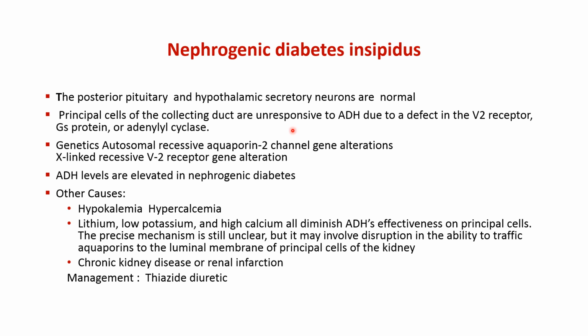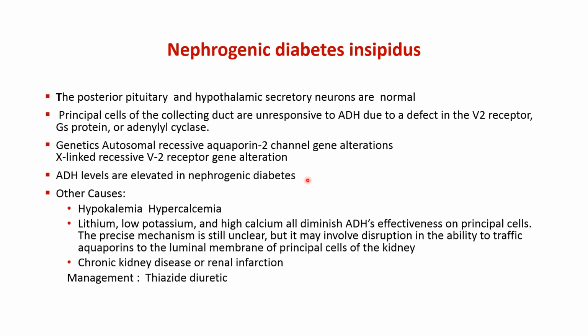It might be caused in some individuals by a genetic autosomal recessive aquaporin channel gene alteration. It's an X-linked recessive V2 receptor gene alteration. ADH levels are elevated though. You can see this in this group of people.